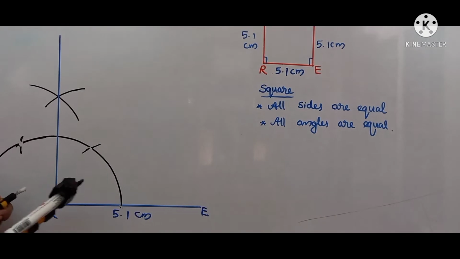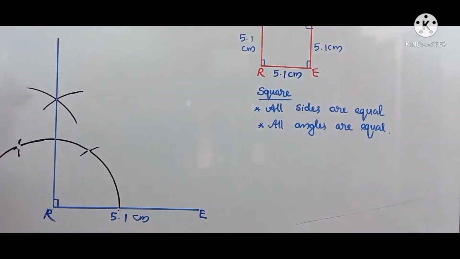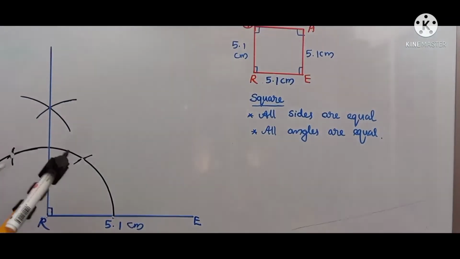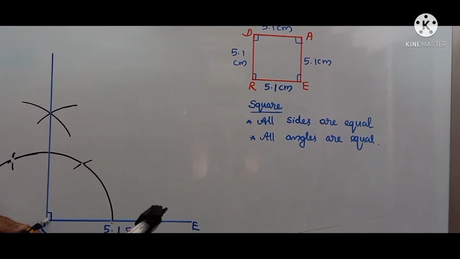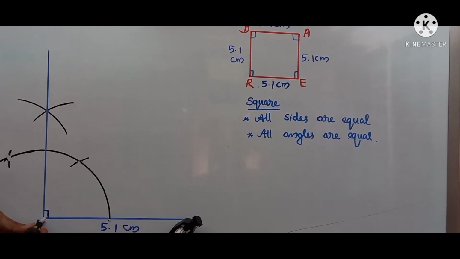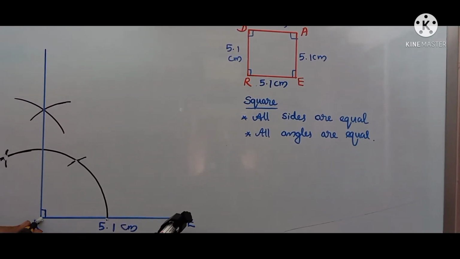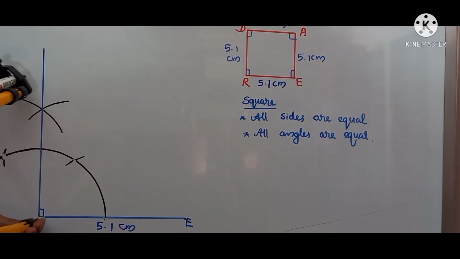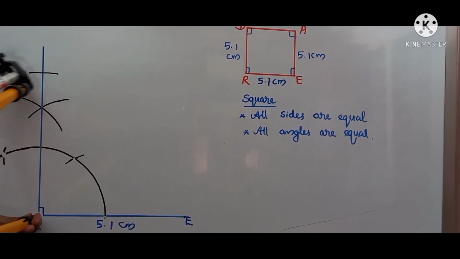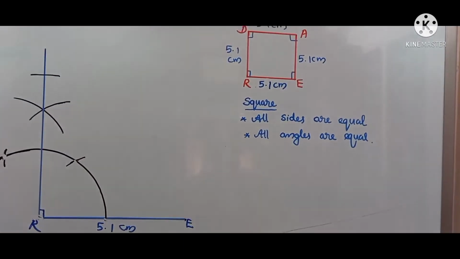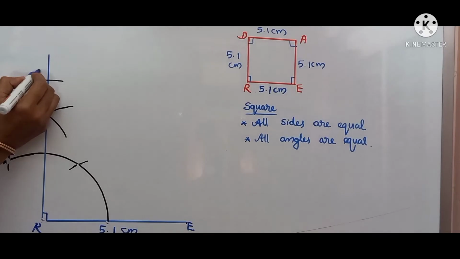Then, we have R and E, and we need A and D. For getting A and D, just take the measurement RE by using our compass. Compass width, we have to take RE. And pointing on R itself, draw an arc here. And that is the point D. We can mark here, this is the point D.